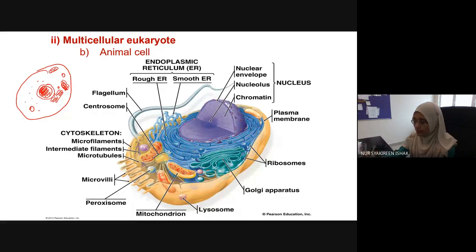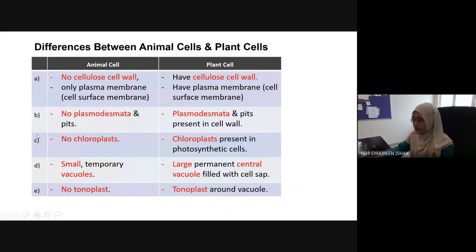And then you have the centrosome, which is made up of centrioles. So just draw a simple structure with labels. In the exam they like to ask questions that ask you to draw structures, so you have to know how to draw. Make sure you label.